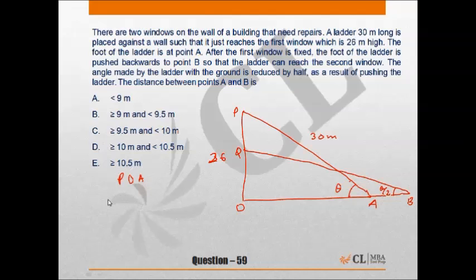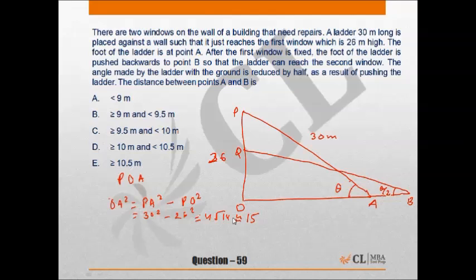So, OA square will be equal to PA square minus PO square, which is 30 square minus 26 square, and this is equal to 4 root 14. The value of this quantity will be approximately 15.